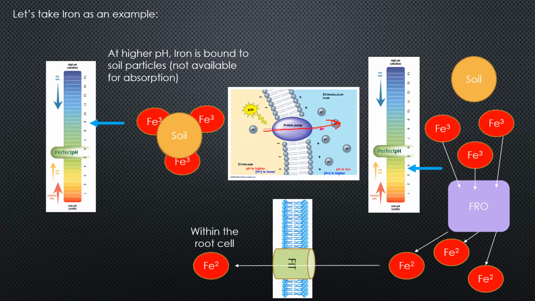And that allows for the release of Fe3 from the soil. And then we have our ferric reduction oxidase that then converts it to Fe2, which is a usable form of iron, and then it goes through the transport protein into the root cell.